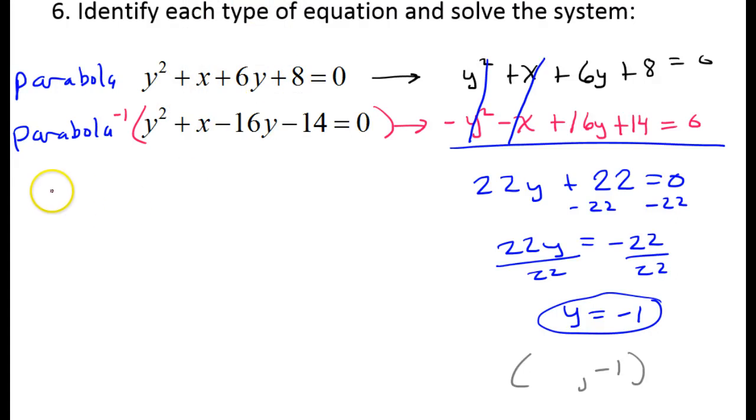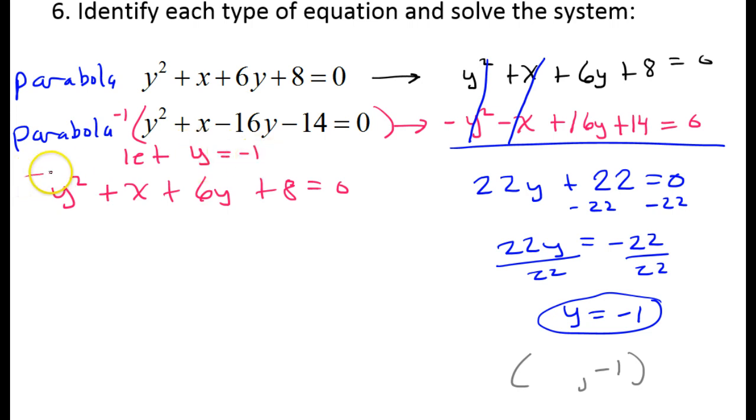I'll pick the top equation. So the top equation is y squared plus x plus 6y plus 8 equals 0. And we are going to let y equal -1 right now.